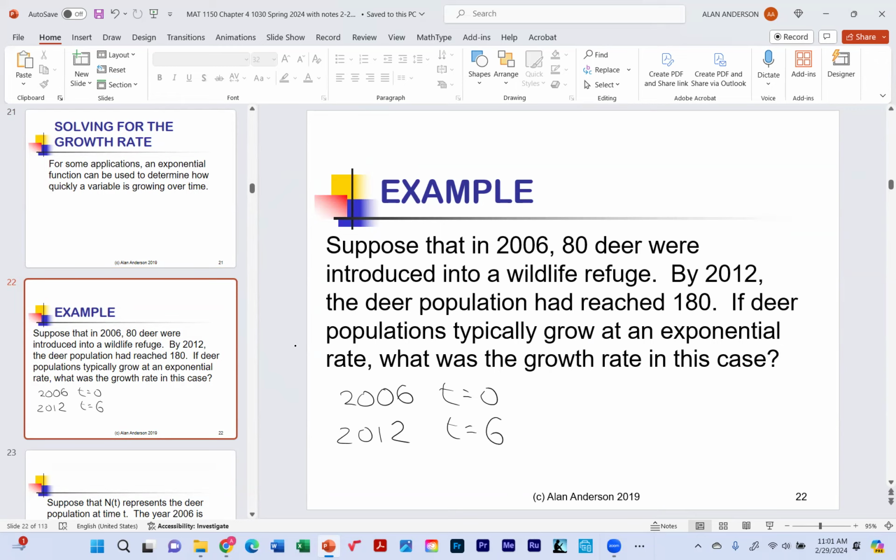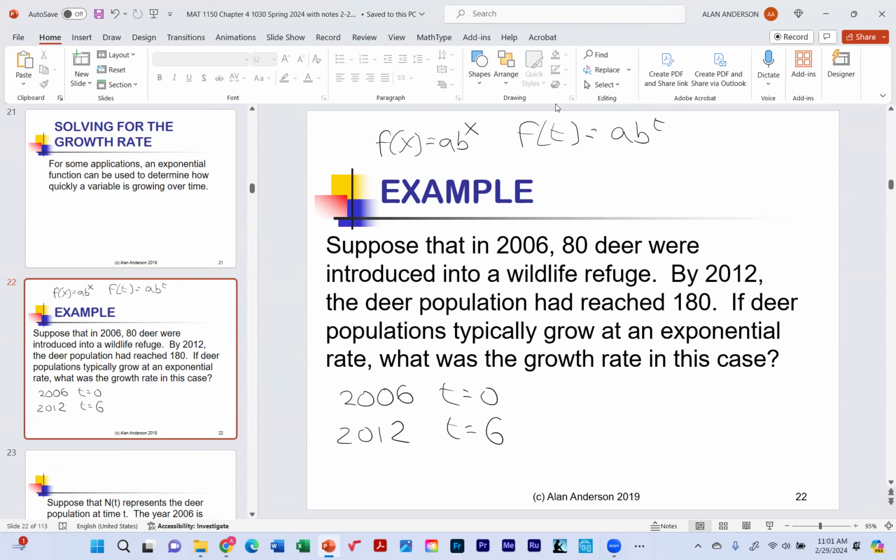Another thing we're going to do is replace the x with t, because now t is the independent variable.